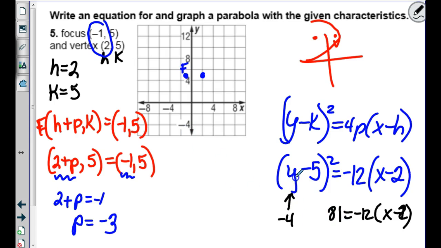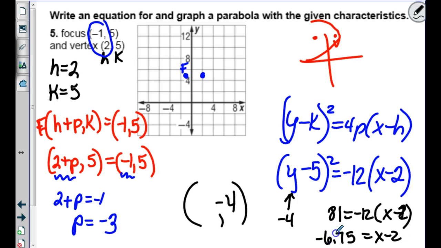So we put a -4 in here for the y, trying to find a point to tell me how wide it is. Okay. Somebody do 81 divided by -12. Type it in your calculator. -6.75. And that's x minus 2.